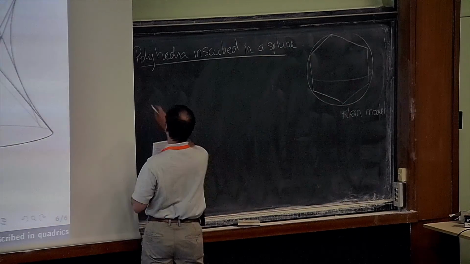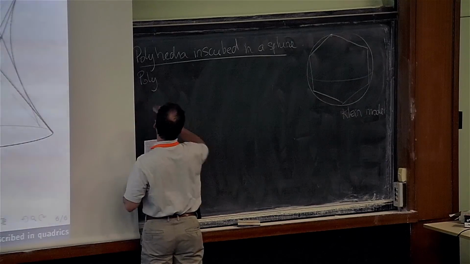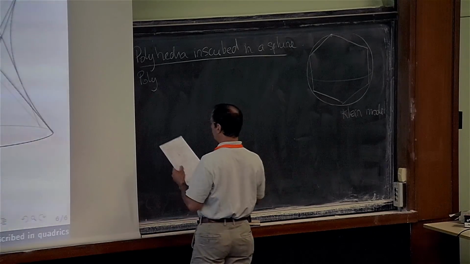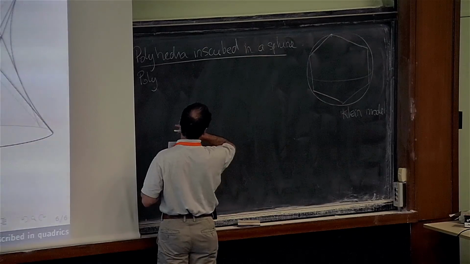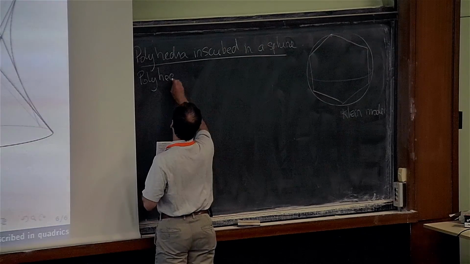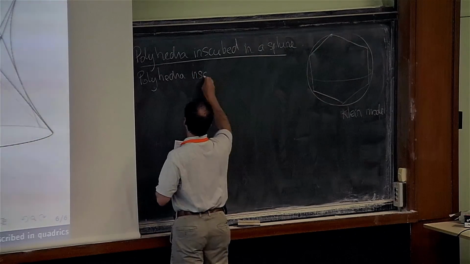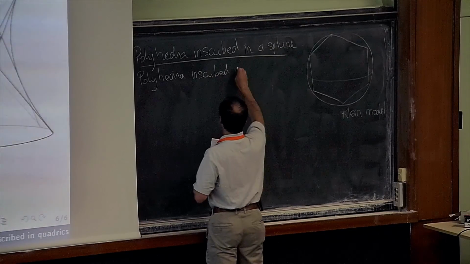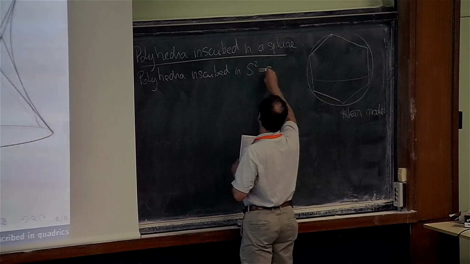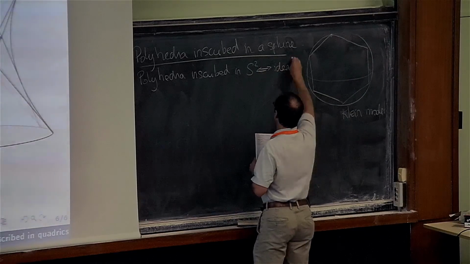So this first idea, which goes back to Smith, Rivin, and Hudson, is that polyhedra inscribed in a sphere correspond to ideal hyperbolic polyhedra.